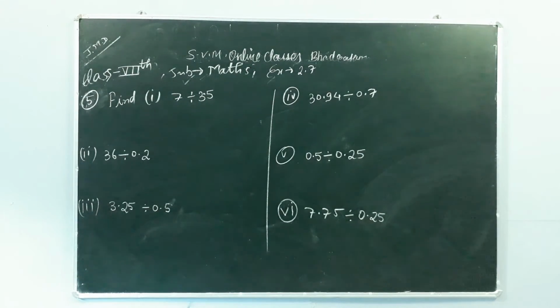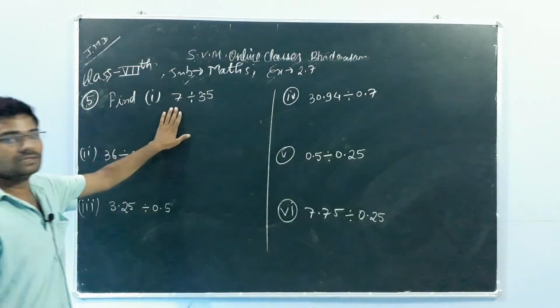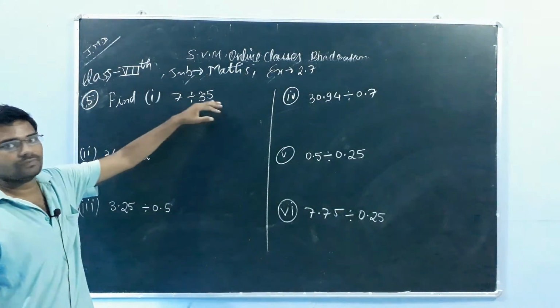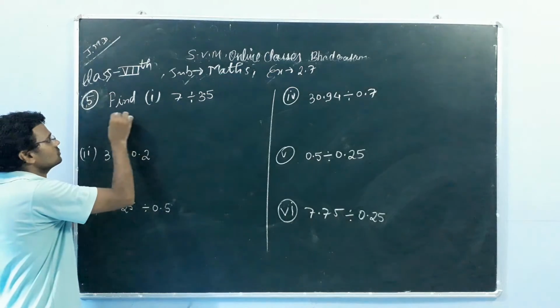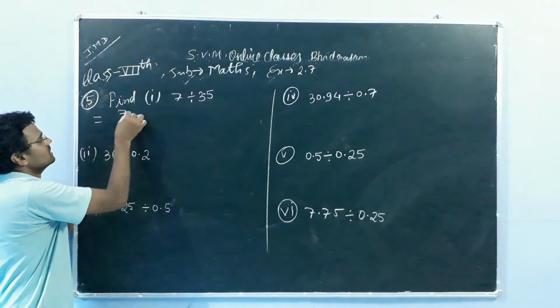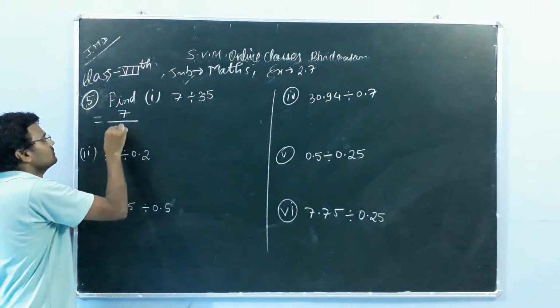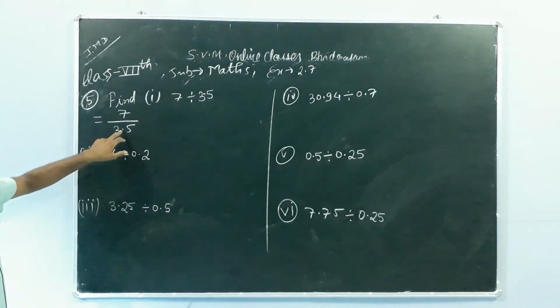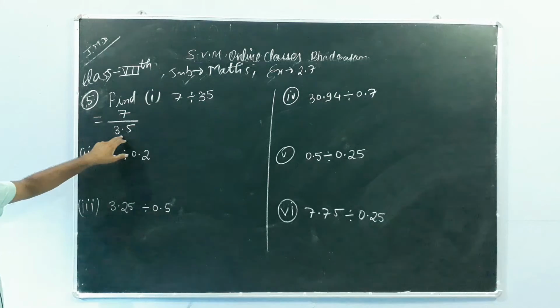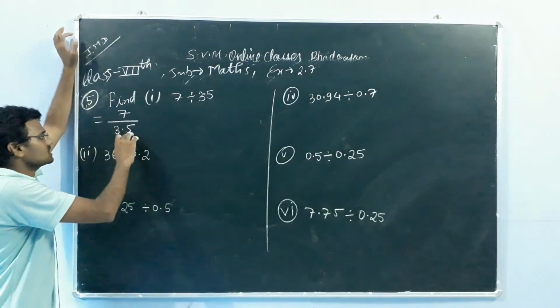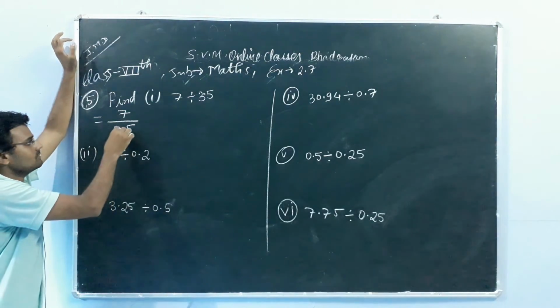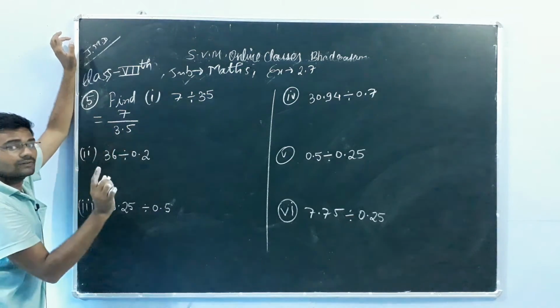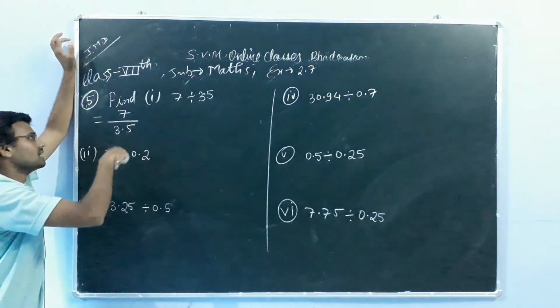The first one is where we have to divide 7 by 3.5. So we have 7 as numerator and 3.5 as denominator. This point is coming after one digit, so when we remove this point, we have to put a 0 in our numerator.